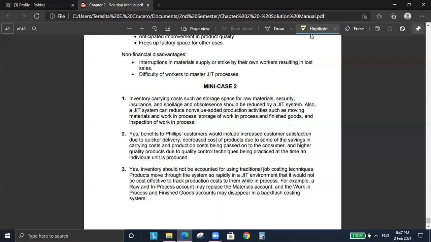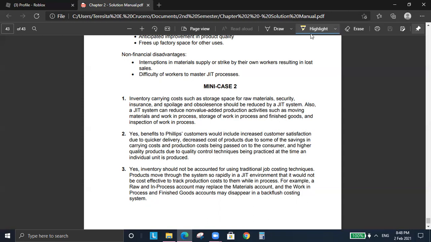Okay, question number one: what cost should be affected by the introduction of the JIT system? Two: should Phillips' customers reap any benefits from the change to JIT? And three: will Boto have to make any changes in the way that inventory is accounted for under a JIT system?